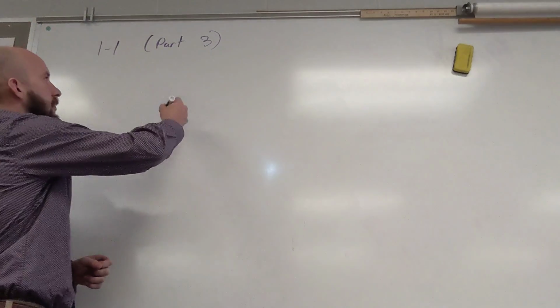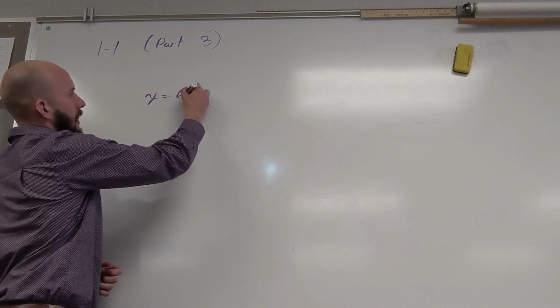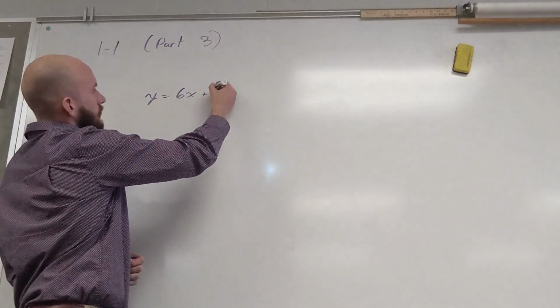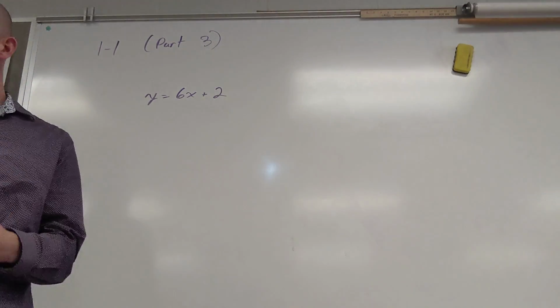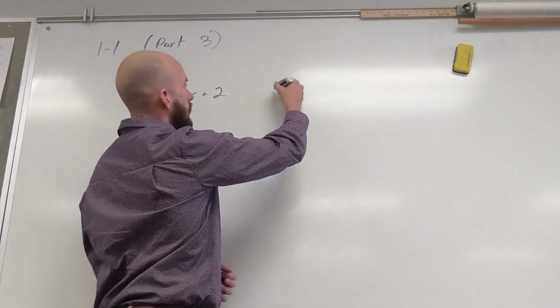So first thing I want to do is compare it. Basically, function notation can always be compared to what we call XY notation. When you have an equation and your variables are just x and y, that's what we would generally call XY notation.